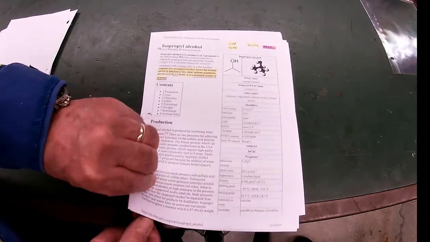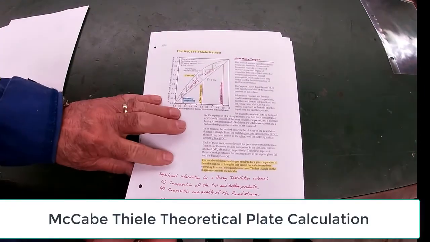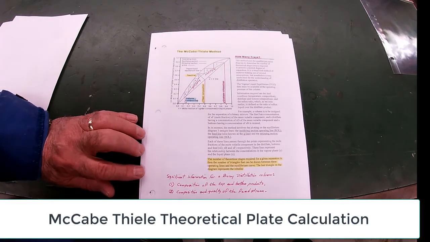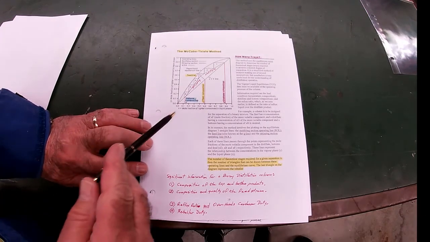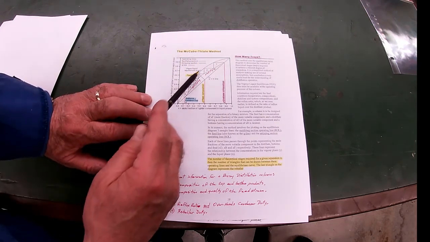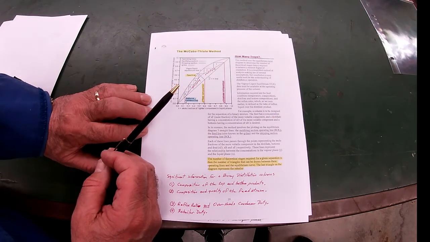Then if I look at the next page in my notes, this is a McCabe-Thiele theoretical plate. And this is a method of calculating how many trays are required to perform the distillation that we want to perform.